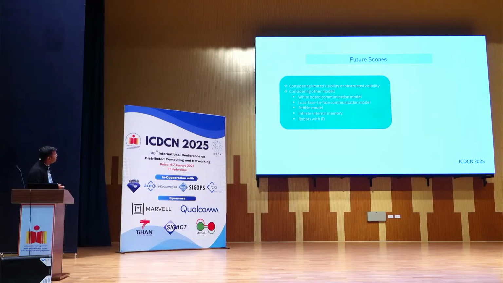Okay. And for future scope, these results are for full visibility and unobstructed visibility. We can incorporate the limited visibility model and obstructed visibility model also. And other communication models we can also consider, like whiteboard communication models or local face-to-face models, which are widely used also.